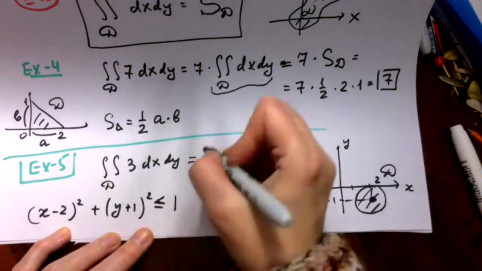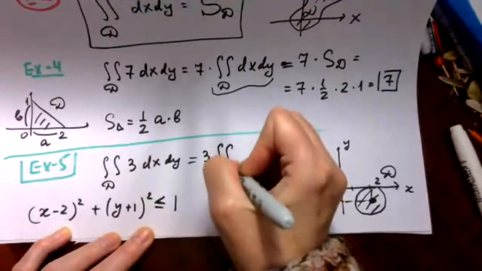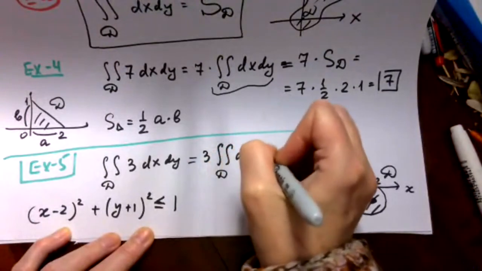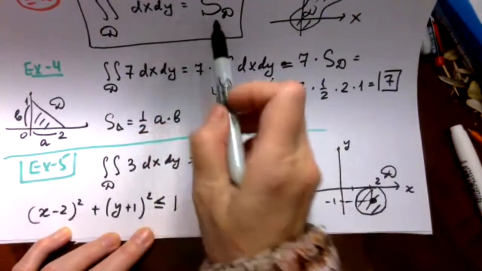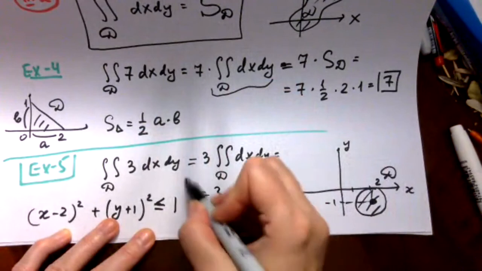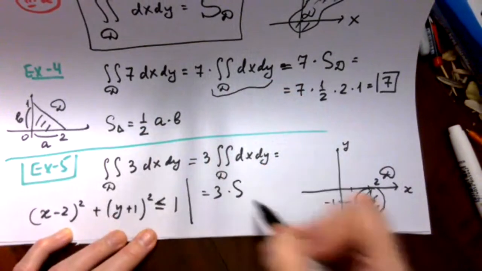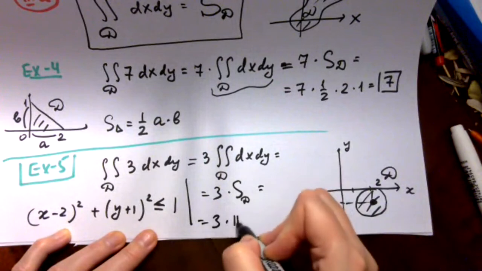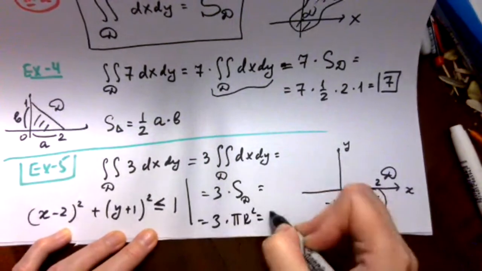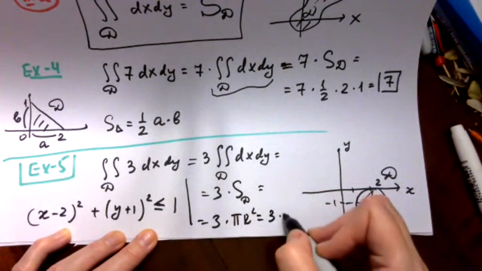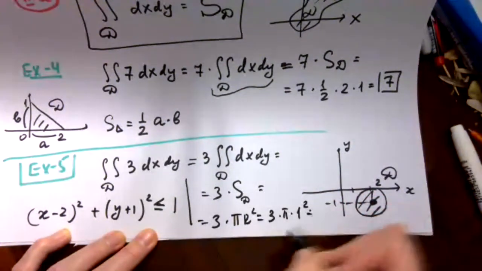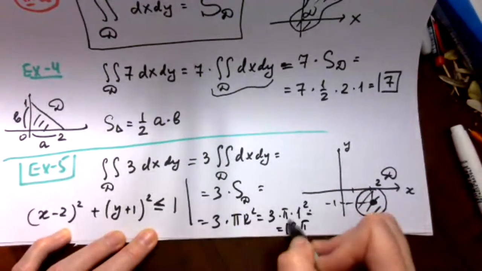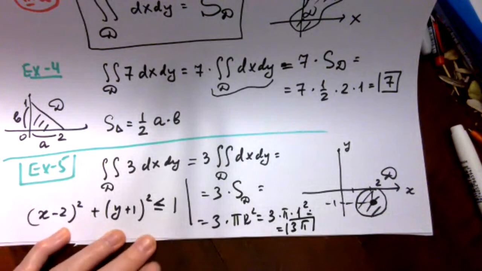Just like in the previous case, we can pull out our 3 and we immediately obtain this beautiful integral, which is always the area of this region, which in our case is the area of the circle, and you know the formula: pi R squared, and the radius in our case is just 1, squared. So we immediately obtain the answer, 3 pi, that's it.